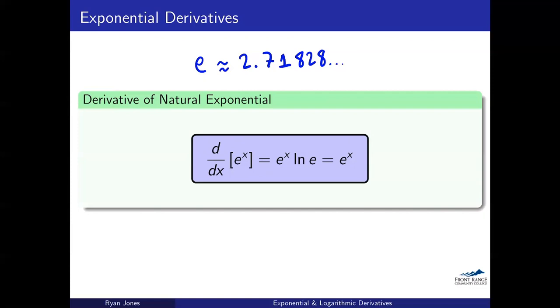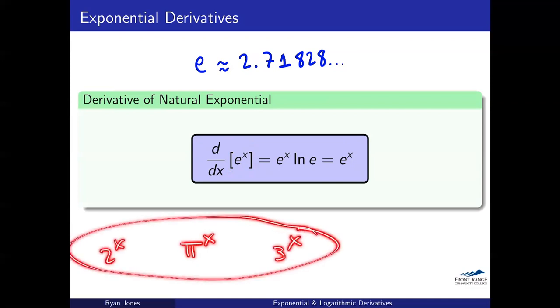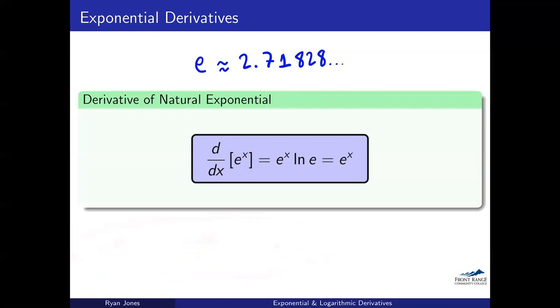That's 2.71 roughly. So if we take a derivative of my function e to the x, as opposed to like 2 to the x or pi to the x or 3 to the x, or any of these, when I see e to the x, I don't do anything differently. I copy it, e to the x, and then I multiply by ln of e, because e is that base, that constant down here that I'm going to multiply by.